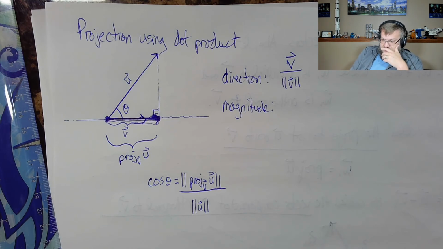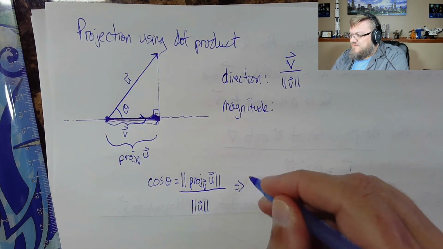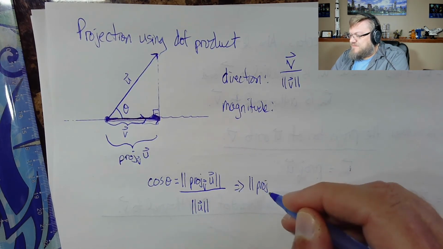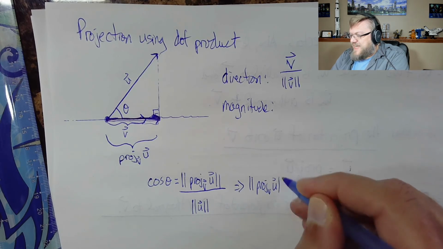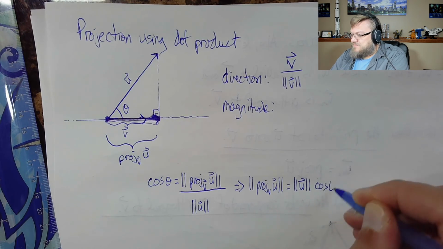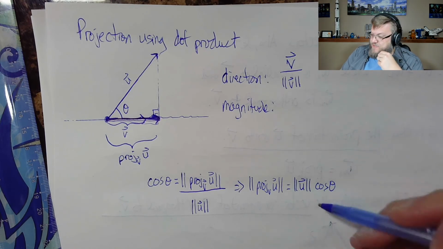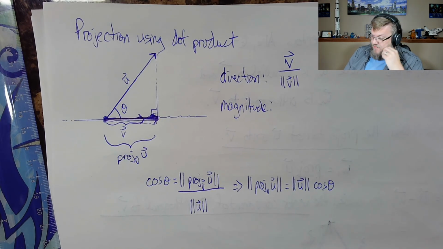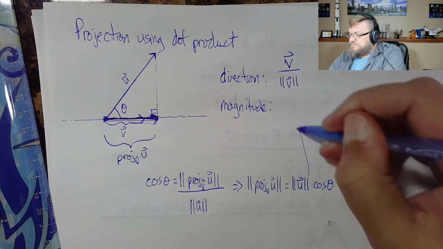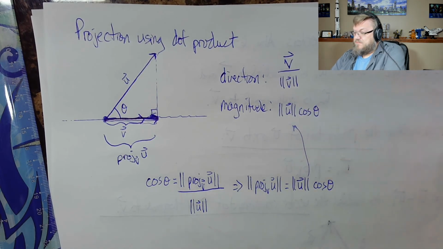Okay. Which means that the magnitude of the projection vector, which is what I wanted to figure out, is actually equal to the magnitude of U times the cosine of theta. See that? So that's the magnitude of the vector that we have there. Yeah? So the magnitude is magnitude of U times cosine of theta.